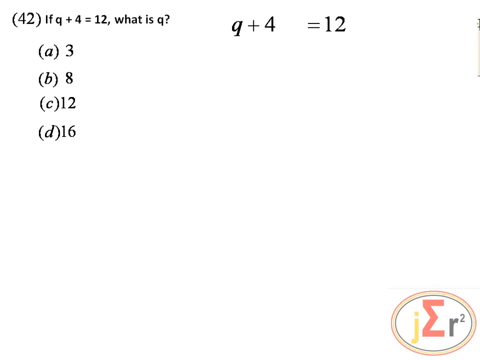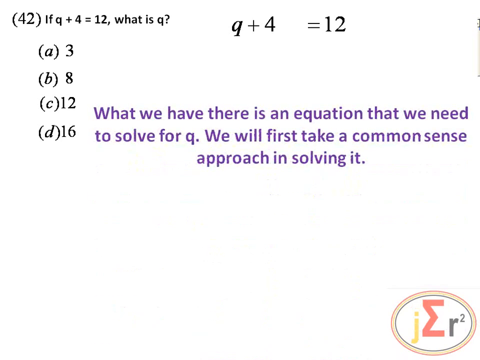Less than 12. Right. So it must be a smaller number that we add 4 to, and the result is 12. Right, 8. And Jerry is saying that that number is 8. I like when students are quick on their arithmetic, and Jerry is very quick on his arithmetic.